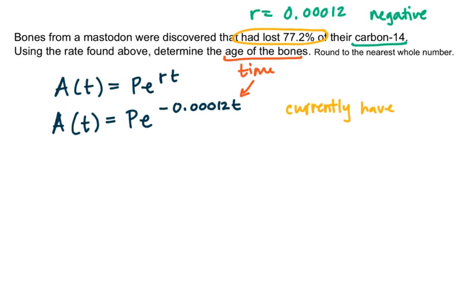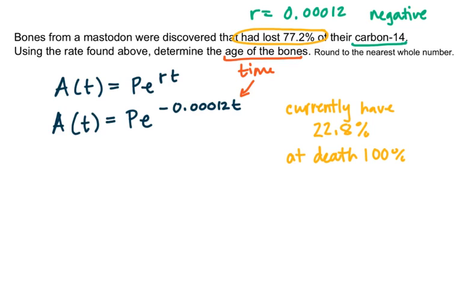That would be 100 take away 77.2, which is 22.8%. So at the moment they're found, they have 22.8% of the carbon-14. And how much carbon-14 did they initially have? Right at death, we had 100% of our carbon-14.